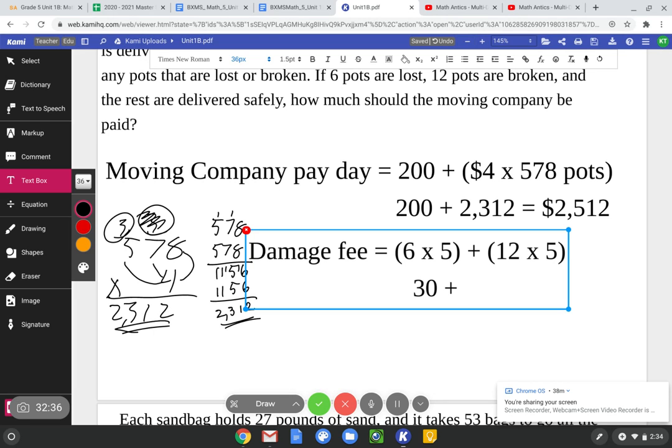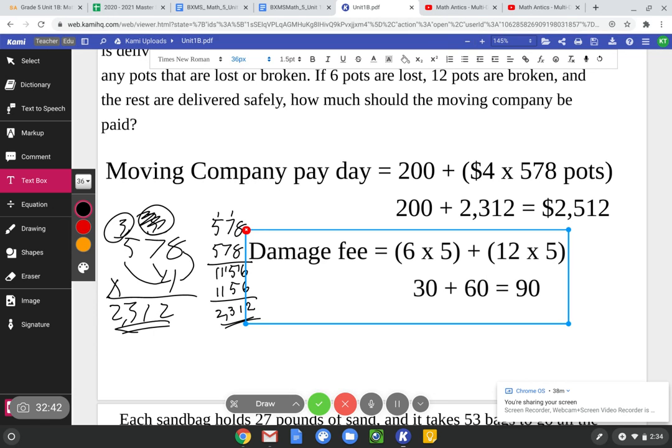And 12 times 5, that's 60. That's $90. Or y'all, we could have done this. It would have been the same.